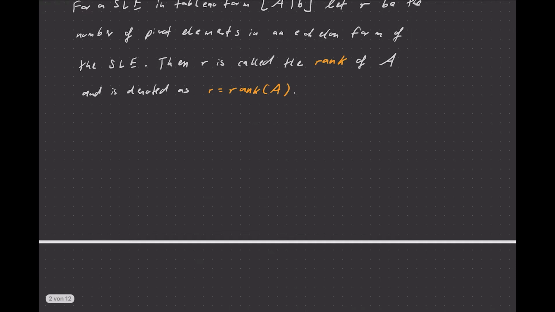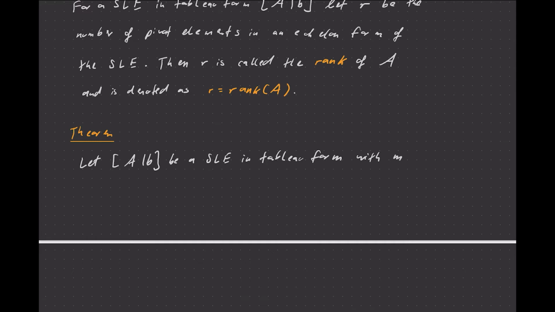That will be the theorem here. It connects the cardinality of the solution space to the notion of rank. So let A, B be a system of linear equations in tableau form with, say, m equations and n variables.